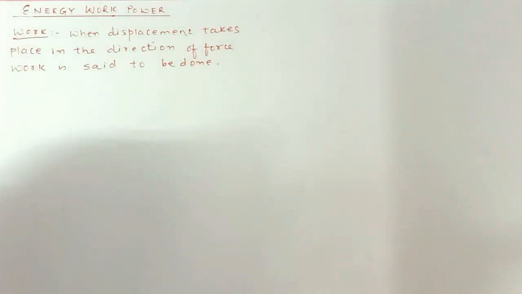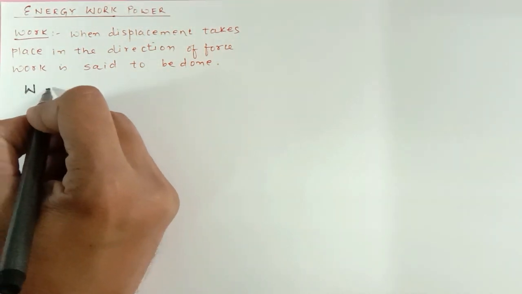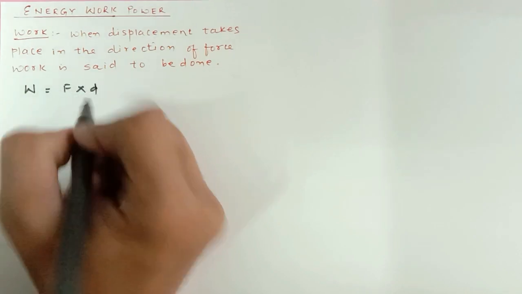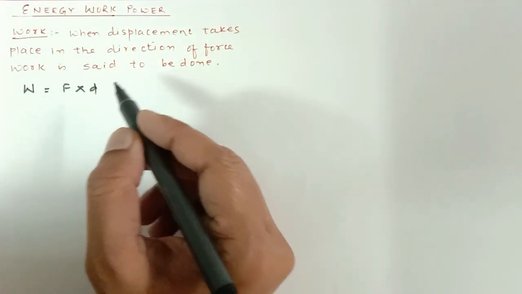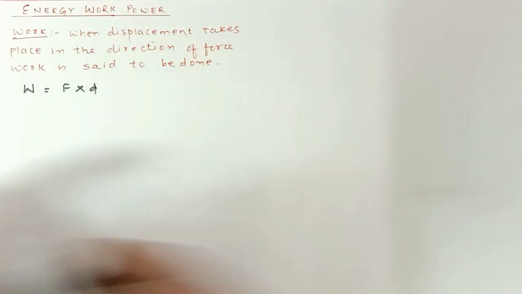So the work done formula is given by work is equal to F into D. F D cos theta is not there in our course, so I am just going to brief it very simply over here.